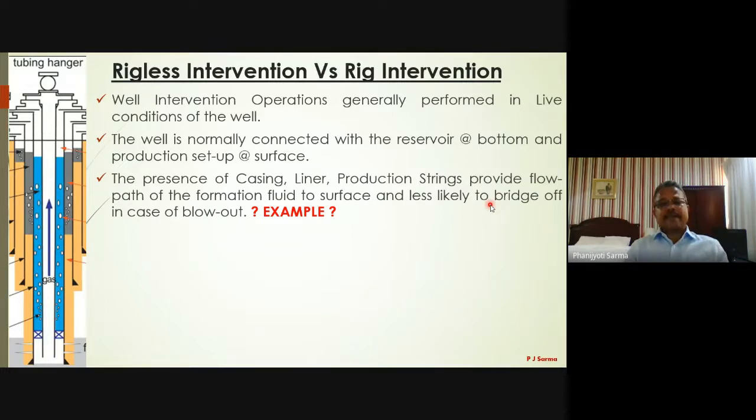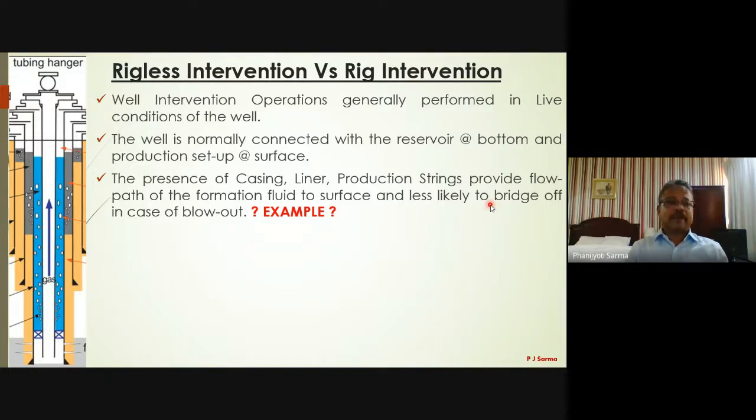The presence of casing, liner, and production string provides flow paths for the formation fluid to the surface, and because we have the metallic completion in the well, it is less likely to breeze off in case of blowout.